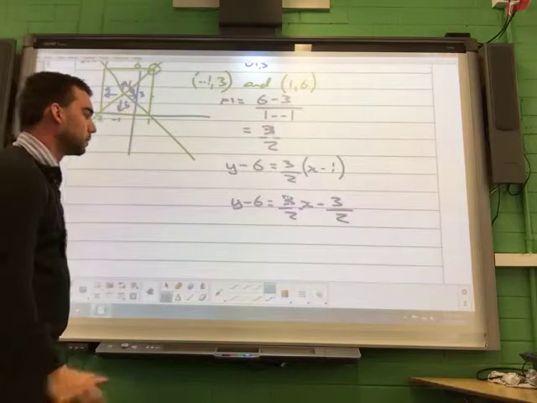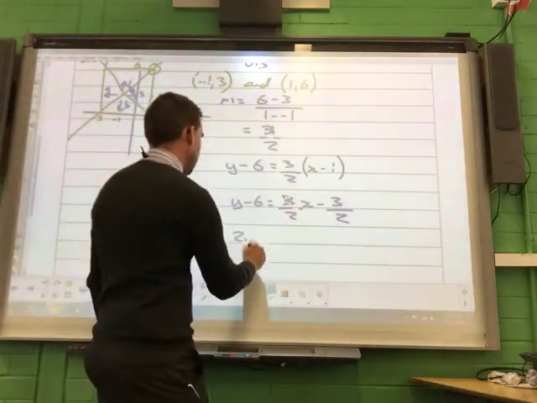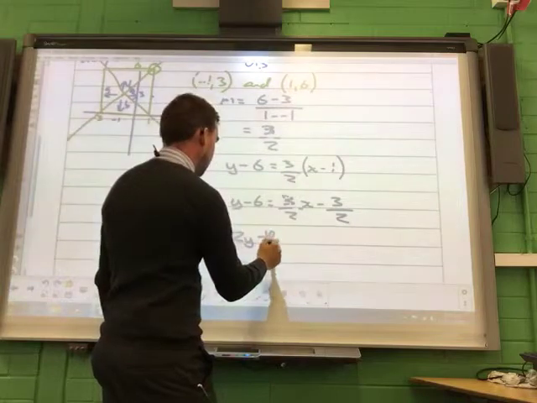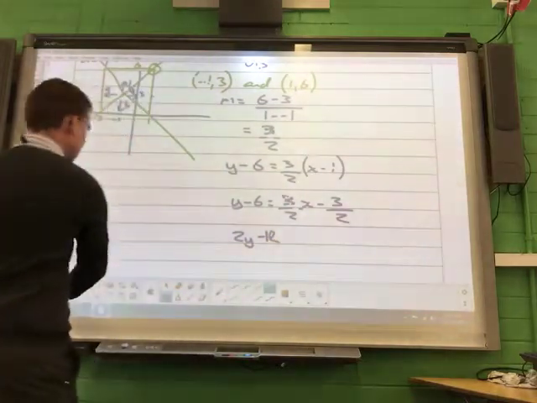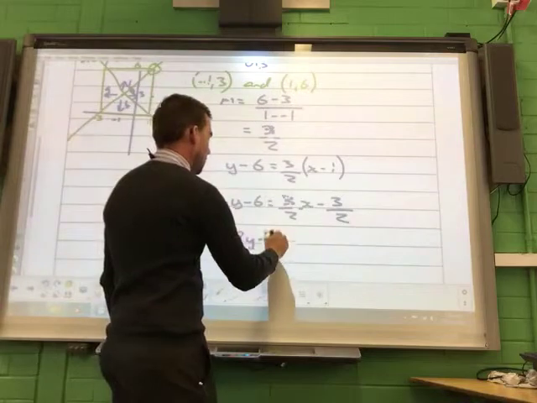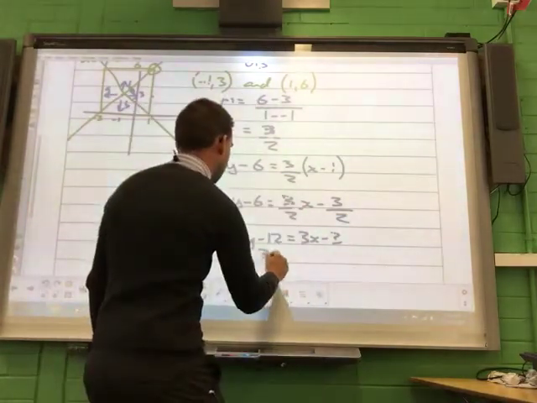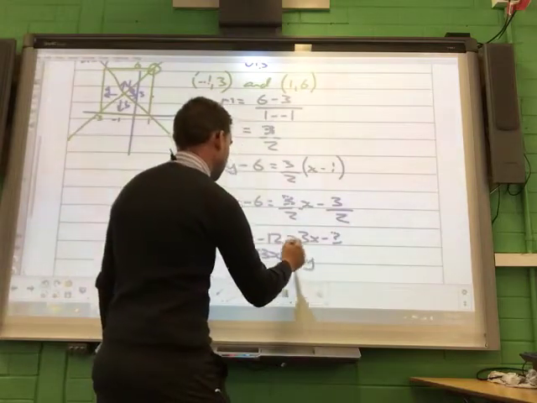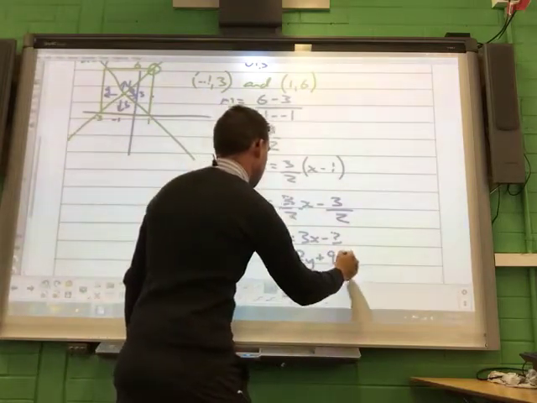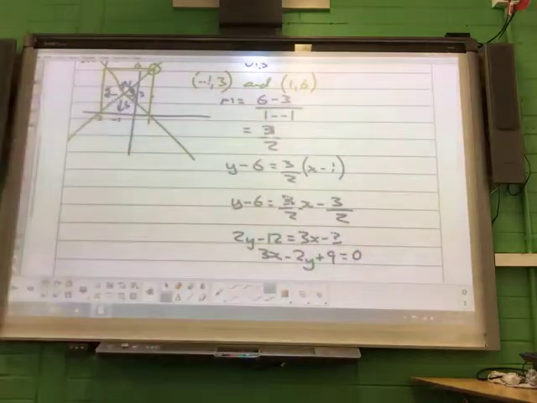Probably should put it in general form, so 2y take away. Okay, so that's going to be the equation of the asymptote going that way, using the 2-point formula.